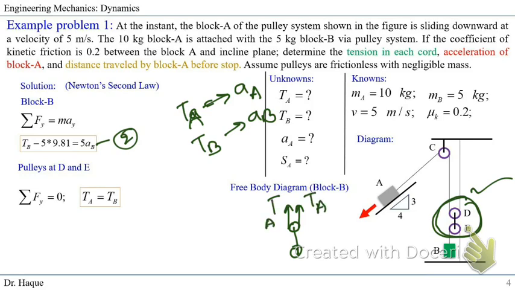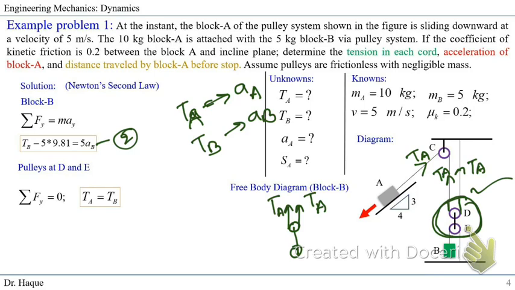They will be equal. So this is TA, which brings this one TA, and this is parallel and a uniform pulley, so this will become TA again. So this is how we got TA on both sides of the pulley.